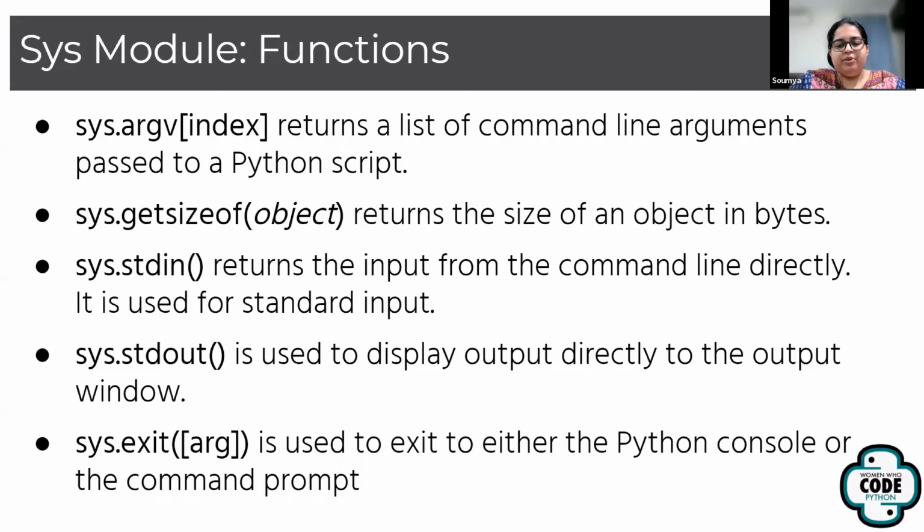You can say, I want to run my name.py, and then give your name after that, and you can write the Python script to say hello, Soumya, for example. So you can send variables in the command line before you run the code. That's how you could use sys.argv.